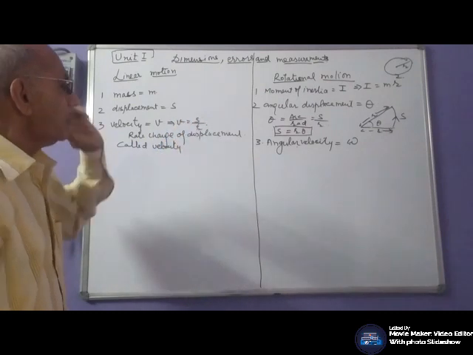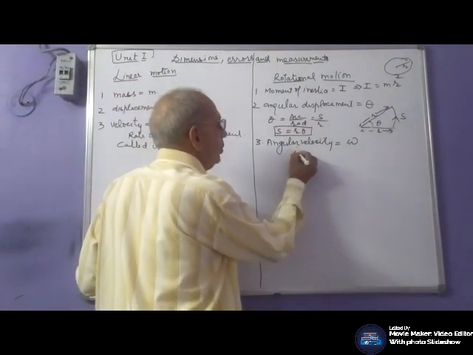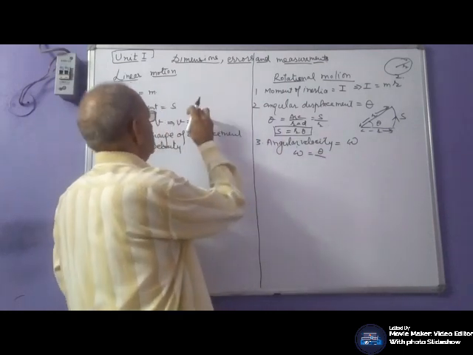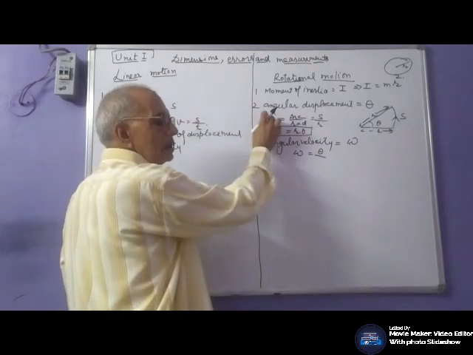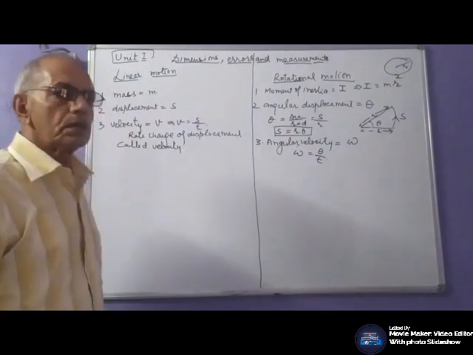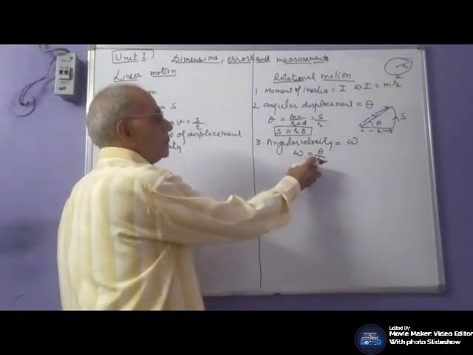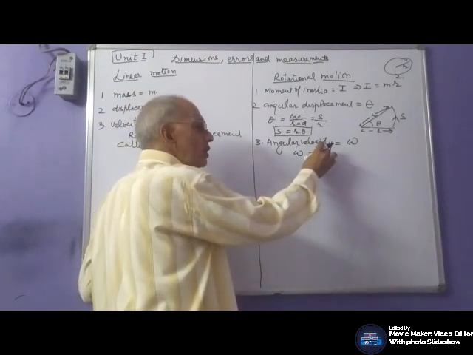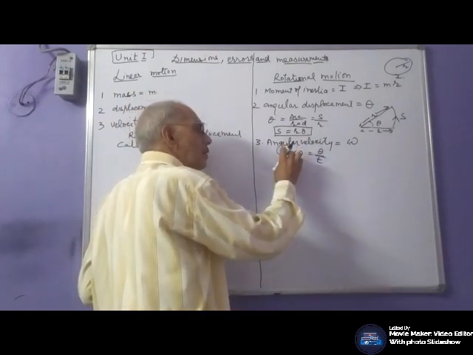V was S by T. So omega is theta by T, because S is theta. Rate of change of angular displacement is called angular velocity.